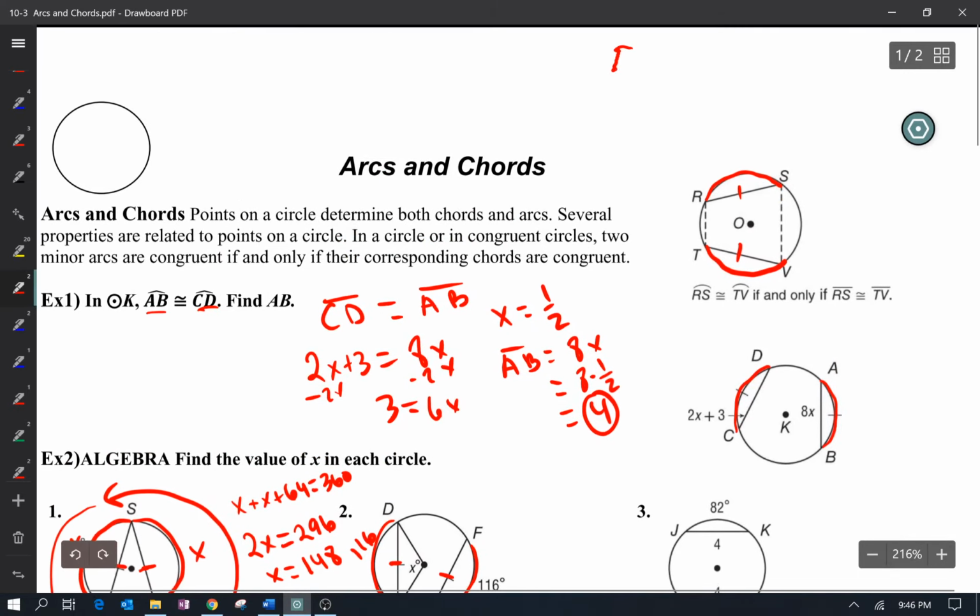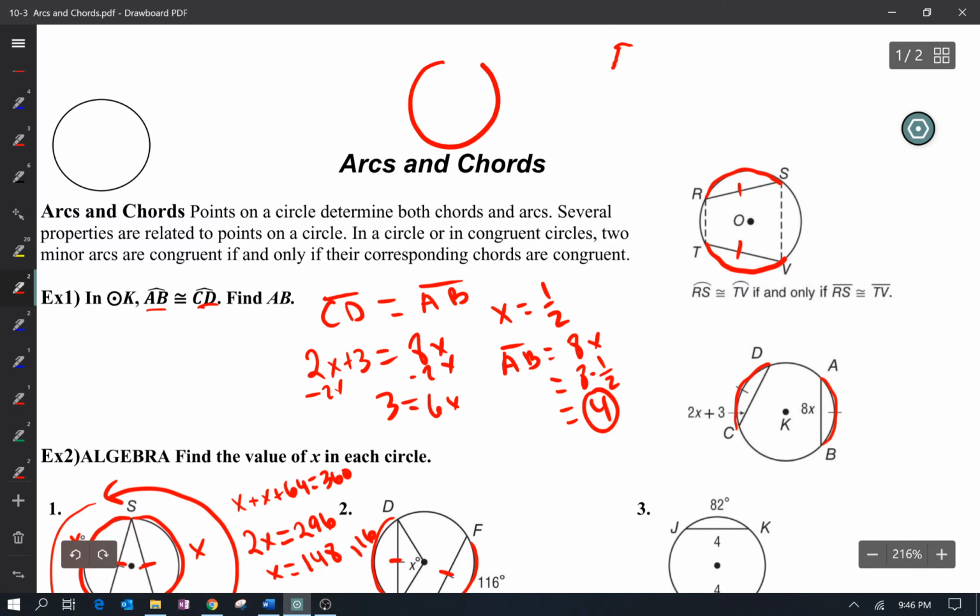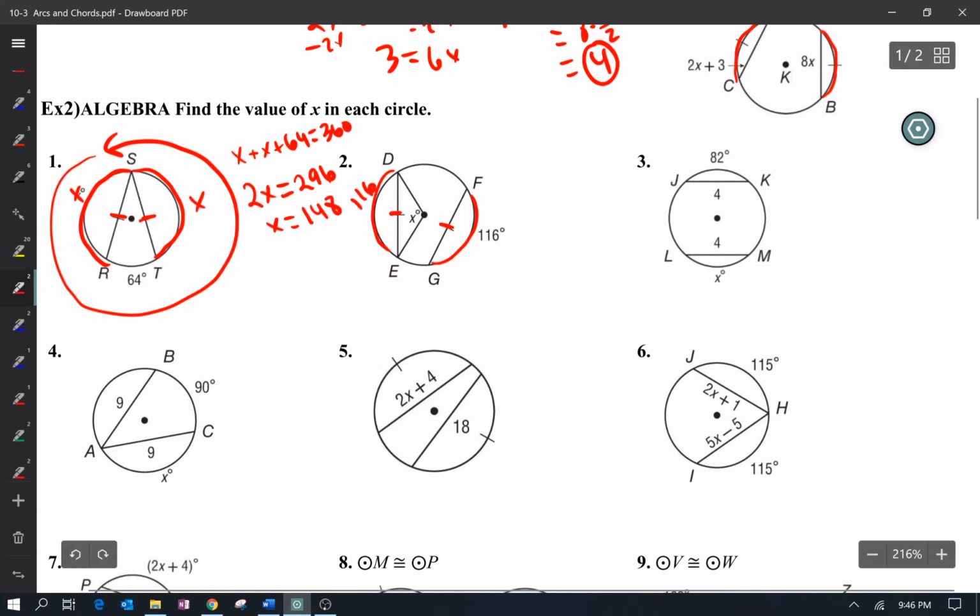If we had a circle up here, and here's an angle, call this angle x, and this arc is also x, because the central angle is equal to the arc that it shares. So that means that the chords are equal, so the arcs are both 116, so x must be 116 degrees because it's the central angle of that arc.